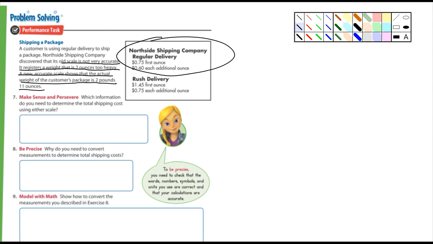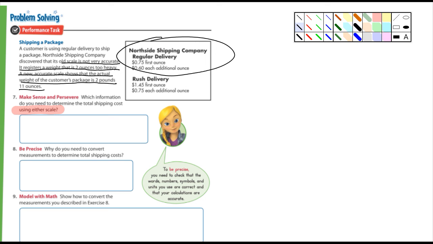So everything that I've underlined and circled there is the information you would need, because they're asking what information you would need using either scale. All right? And of course, they've given you just a little box to put all that information in, and it's just not big enough. So, yeah, just write really small.